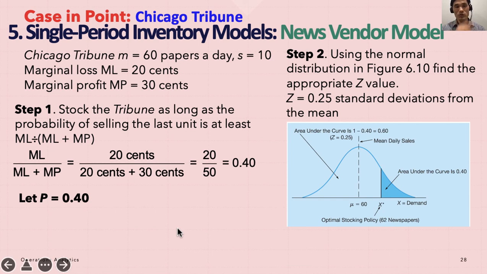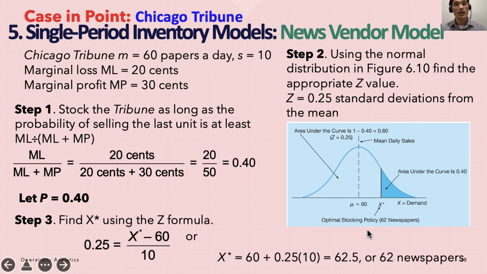And in step 2, we have to find the X star, and you can find this one using the NORM.INV function, and that is possible for you to find the X star right away. And then you can use the formula and plug these numbers in.